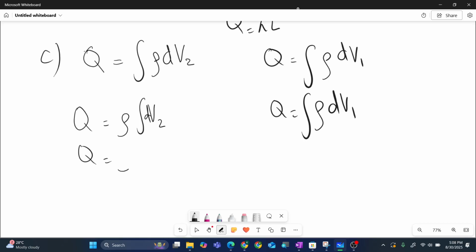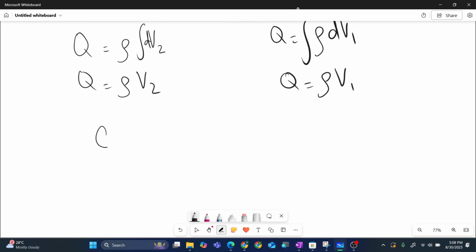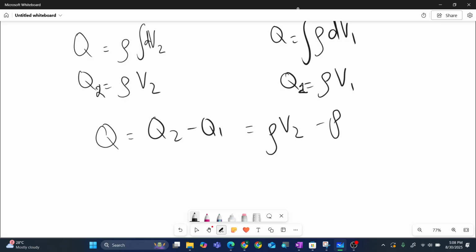And the total charge is going to be, it's the other way around actually, Q2 minus Q1, which is going to be rho v2 minus rho v1. I'm going to take the rho out, v2 minus v1.